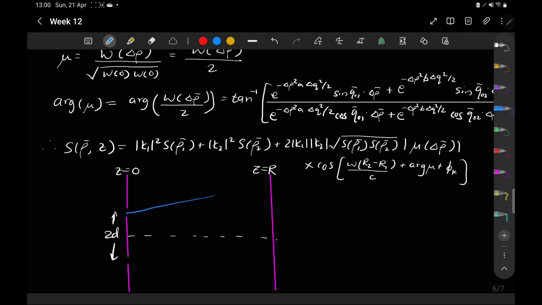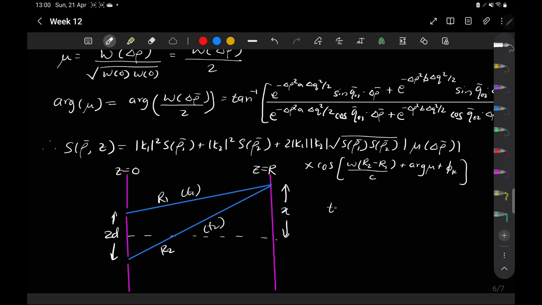And this point we are considering. This distance is X on the screen. And this is R1, this is R2, so that means this time is T1 and this time taken is T2.